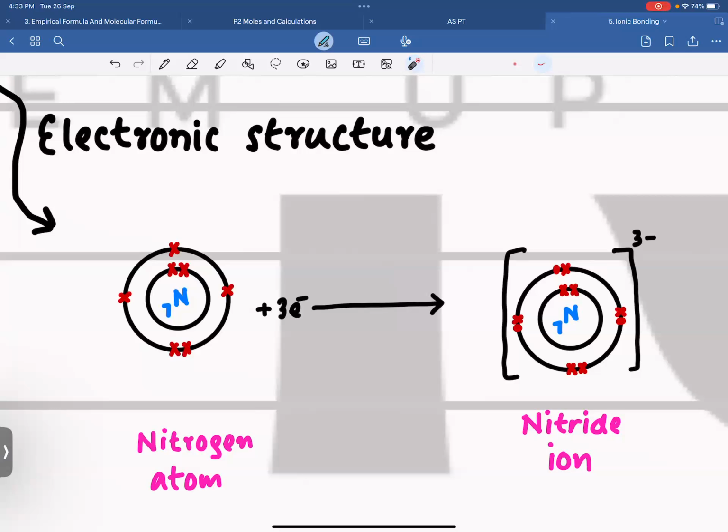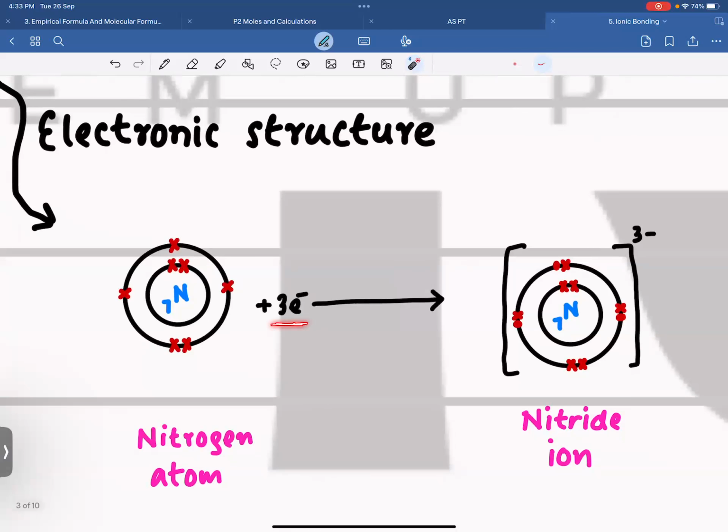So see, it is gaining 3 electrons, and these 3 electrons are represented by the dots. So these are those 3 electrons which are gained from any atom which becomes a cation. Clear? Yes. Khatija? And the electrons which this atom already possesses must be represented by crosses.